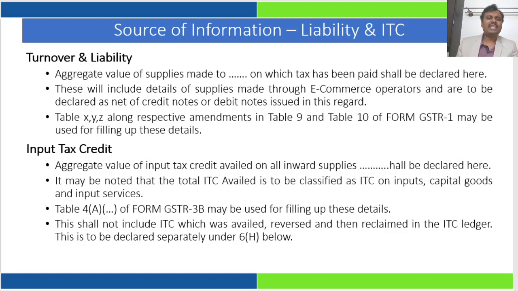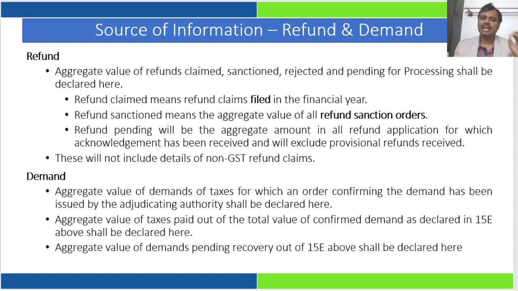You might find it difficult doing it, but in the interest of the taxpayers, you should do it. Because during the departmental audits and assessments, they also look at your input output ratio. And if you have done a proper segregation, it also eases your own assessment. So please note, the premise for turnover and liability is the taxes which have been paid, and the premise for input tax credit is the credit which has been availed and reversed.